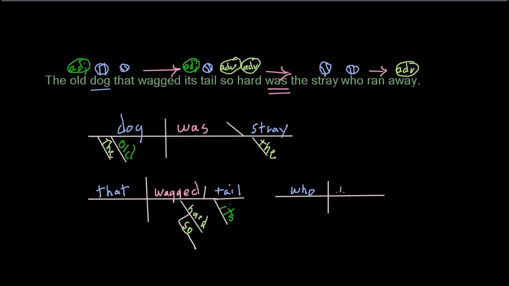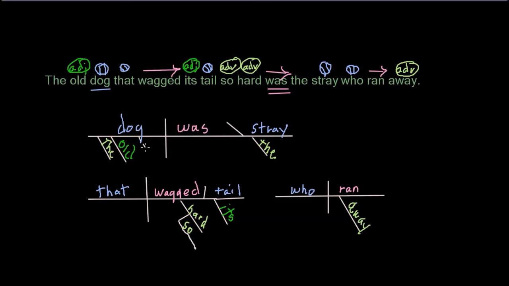Our verb is ran, an intransitive verb because it does not have a direct object, whereas wagged was a transitive verb because it did have a direct object. Ran where? Ran away. We tie our relative clauses to the noun that they're modifying by drawing a dotted line from the noun to the relative pronoun.